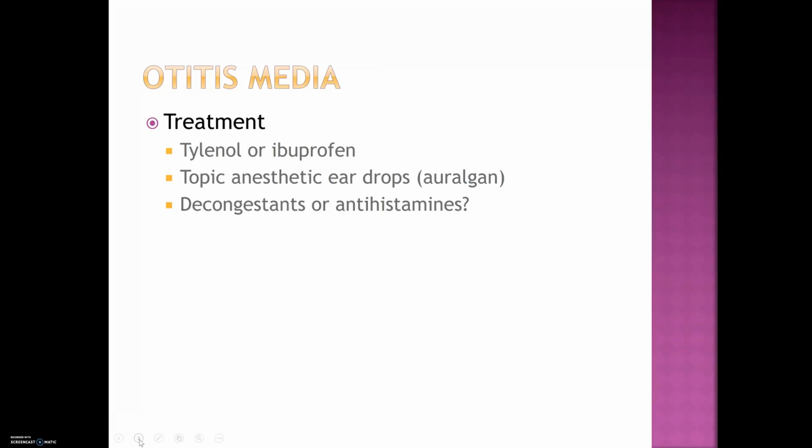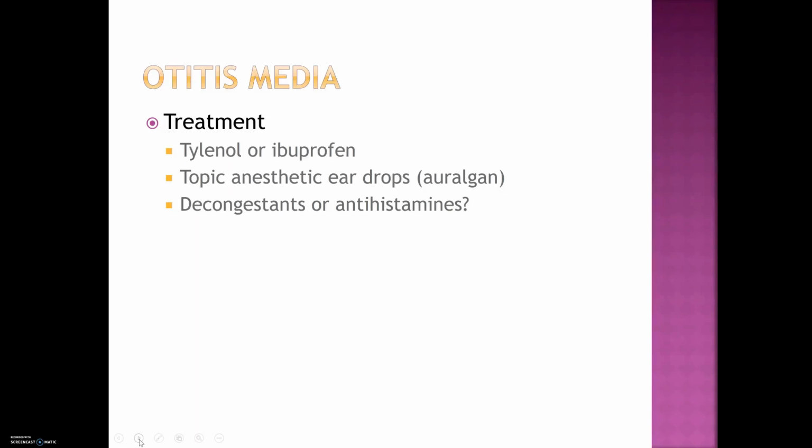Like I said, treatment for it, you want to give Tylenol or Motrin for either the fever and or pain. You may give these things called Auralgan, which basically numbs the ear canal and gives them some temporary relief. You probably don't want to put, it's a hard call.